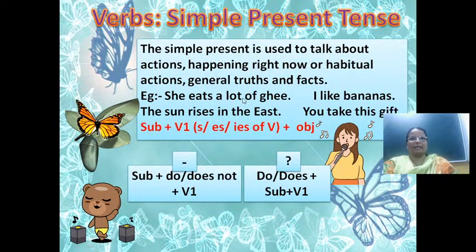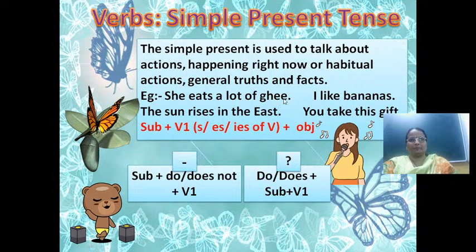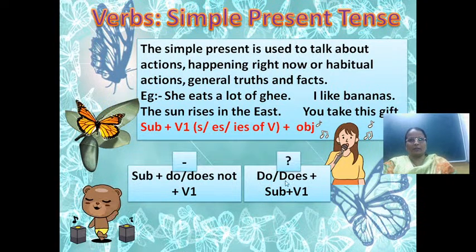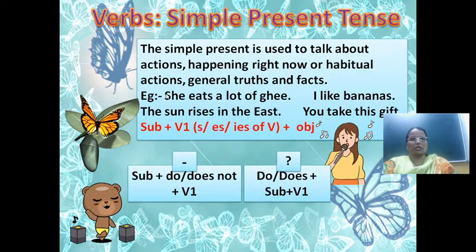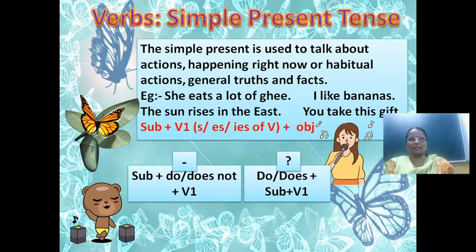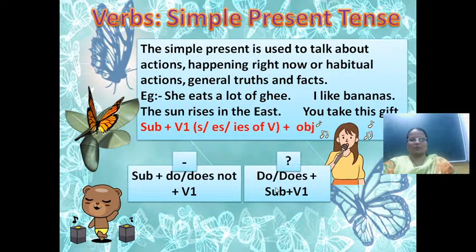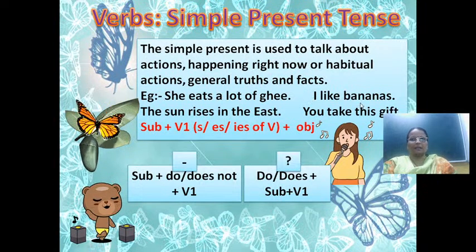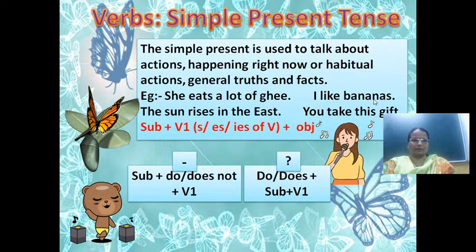She eats a lot of ghee. See the format, do or does plus subject plus V1. Does she eat a lot of ghee? Now let's make a question for the second sentence. I like bananas. So how do we make a question for that? Do you like bananas? Okay.